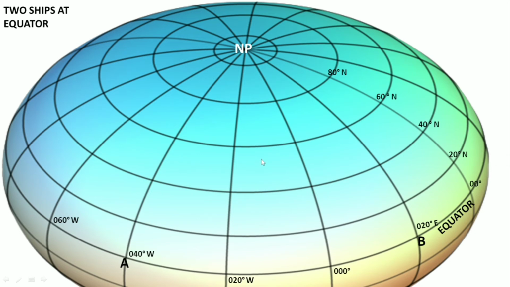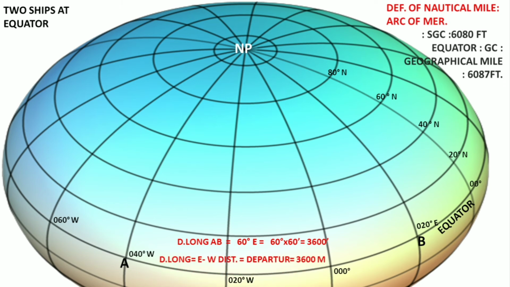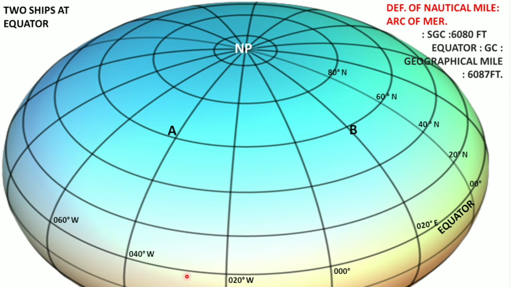Here is just an example again. Here, two ships are there on the equator, A and B, and one is on 40 degrees west and one is 20 degrees east. So d-long between them is 60 degrees. If these two were made to go to another latitude here, whatever the d-long was here is still the d-long here, because they were moving along the longitudes.